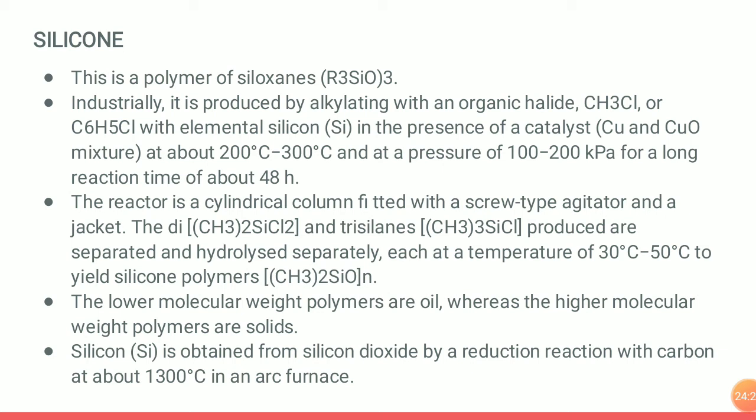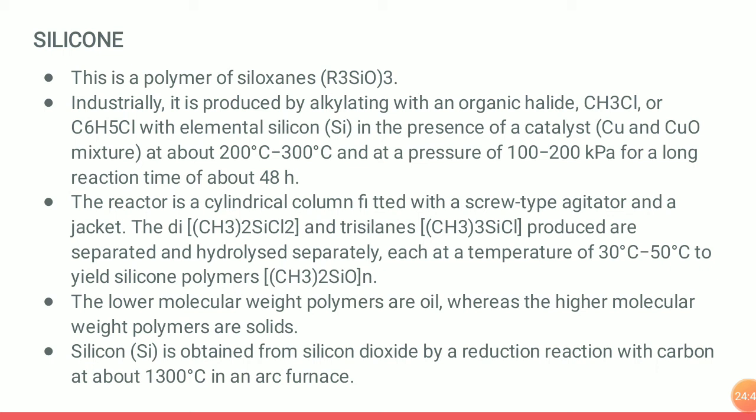Generally how it is prepared, elemental silicon is taken and treated with organic halides, maybe methyl chloride, maybe benzyl chloride, at a temperature of around 200 degrees Celsius, and the reaction time required is 48 hours. The reactor is a cylindrical column fitted with a screw type agitator and a jacket.